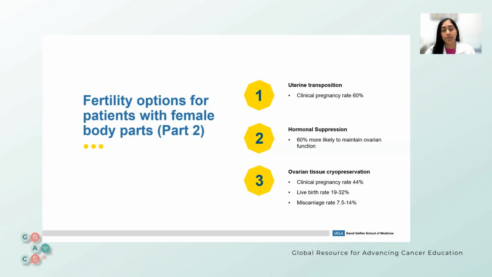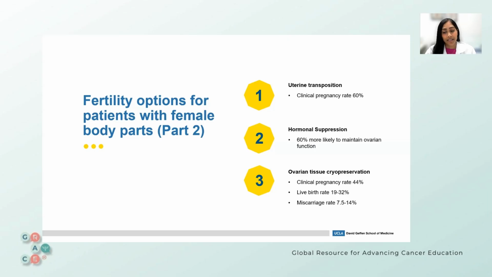It halts the process of normal ovulation to try and protect any eggs that might be in development from the effects of chemotherapy. With this procedure, again, we have limited data to show that it is helpful. Most of that data is in breast cancer patients. We can see that patients are 60% more likely to maintain their ovarian function than if they don't undergo hormonal suppression.